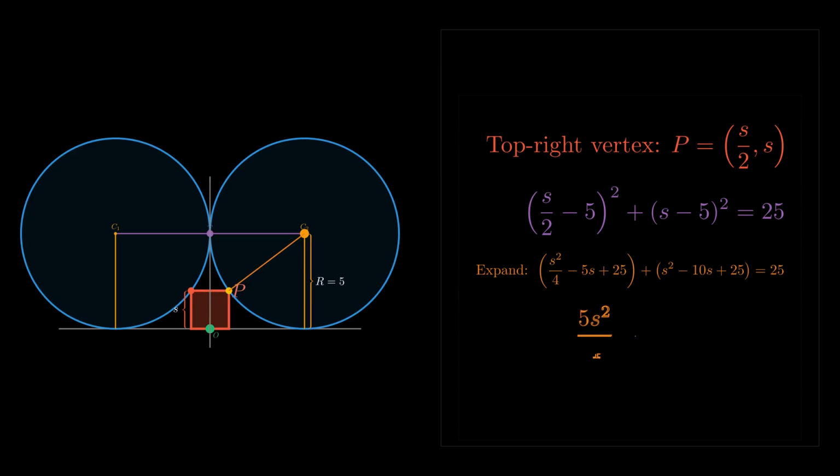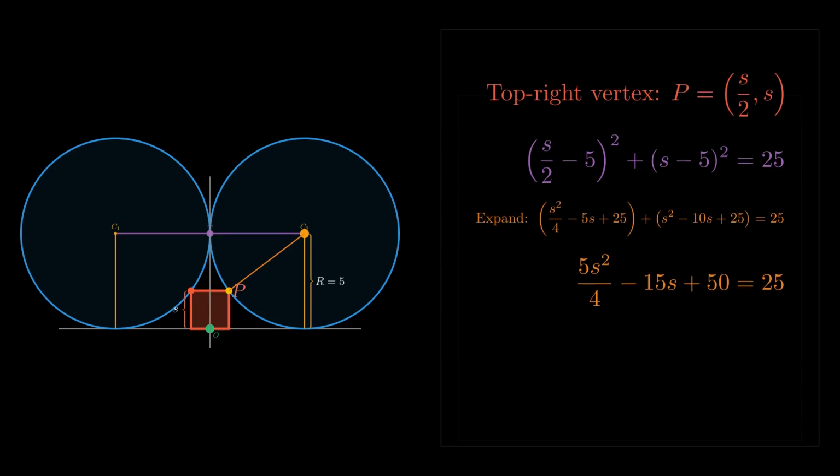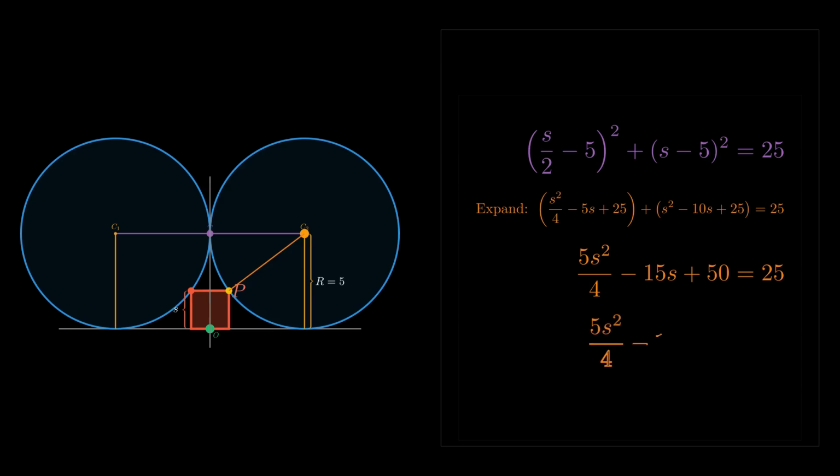Combining like terms simplifies the expression to (5/4)s² − 15s + 50 = 25. Subtracting 25 from both sides, we get (5/4)s² − 15s + 25 = 0.